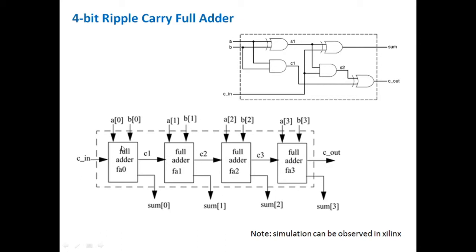The first single bit full adder requires inputs A0, B0 and Cin. The next full adder requires inputs A1, B1, and its carry is taken from the carry out of the first bit full adder. In this manner a ripple carry adder circuit will be developed.